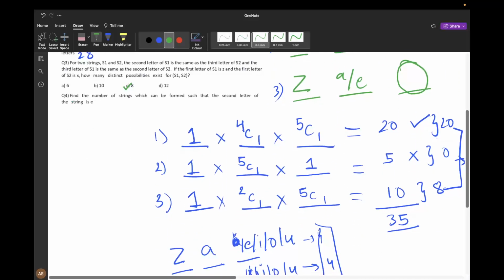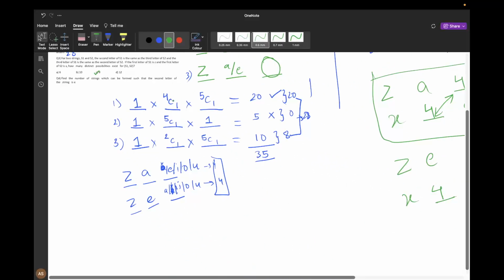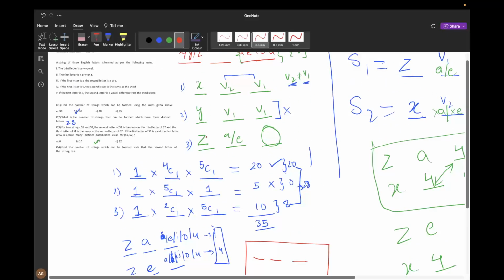The last question is, find the number of strings which can be formed such that the second letter of the string is E. Okay. The second letter needs to be E. Here we can have any 3 letters, right? First let's go back to this.